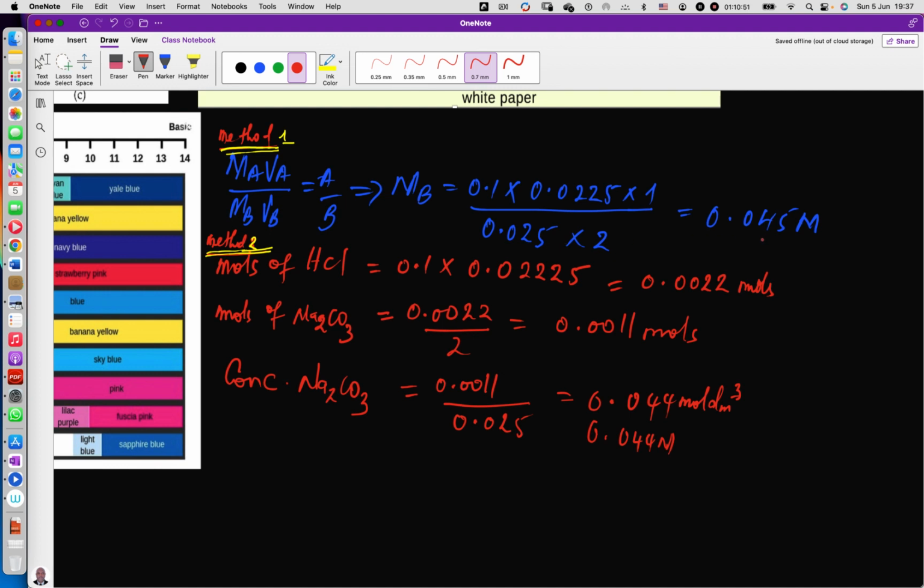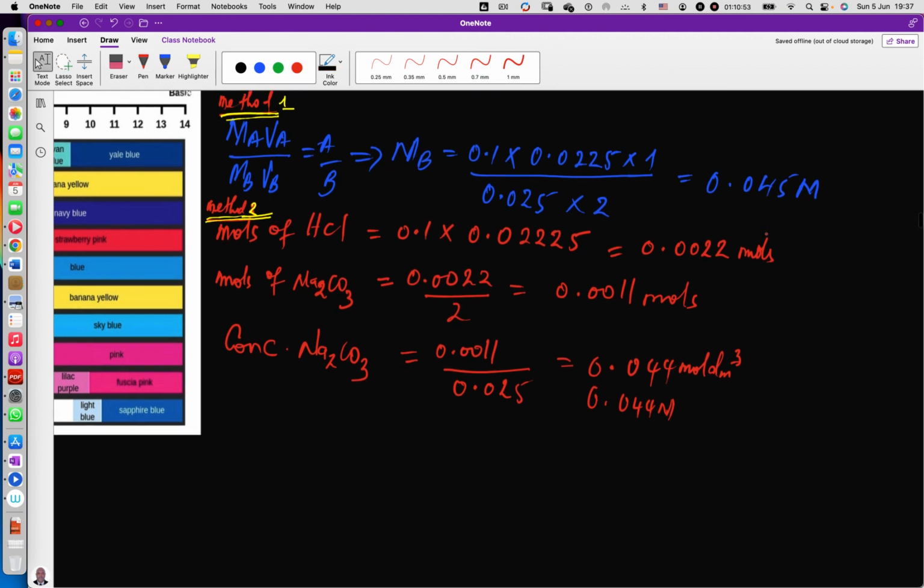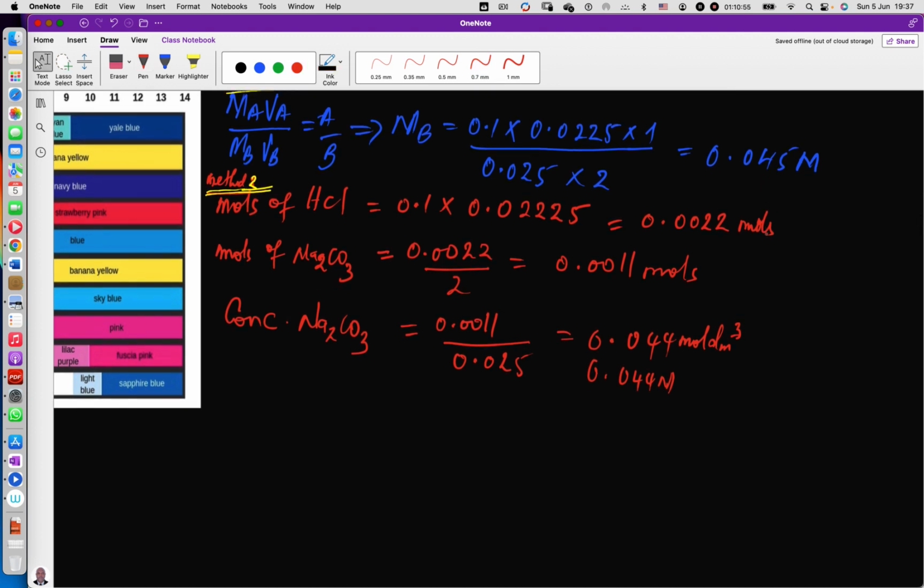Now we can still use another method. Method number 2, the number of moles of acid. We can calculate the number of moles of acid by multiplying the concentration of the acid by the volume.